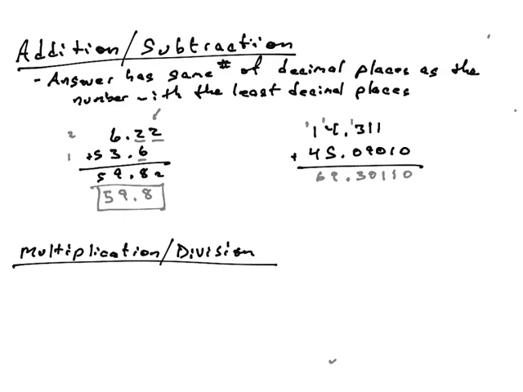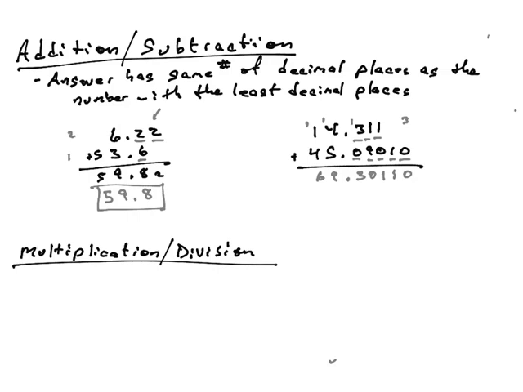So, in grade school, I would say the answer is this big old long number. However, now I have to look at the number of decimal places in my problem, and my answer should have the same number as the least. So my first number here has 1, 2, 3 decimal places, and the second number has 1, 2, 3, 4, 5 decimal places, and I do count that 0 at the end because it's written explicitly.